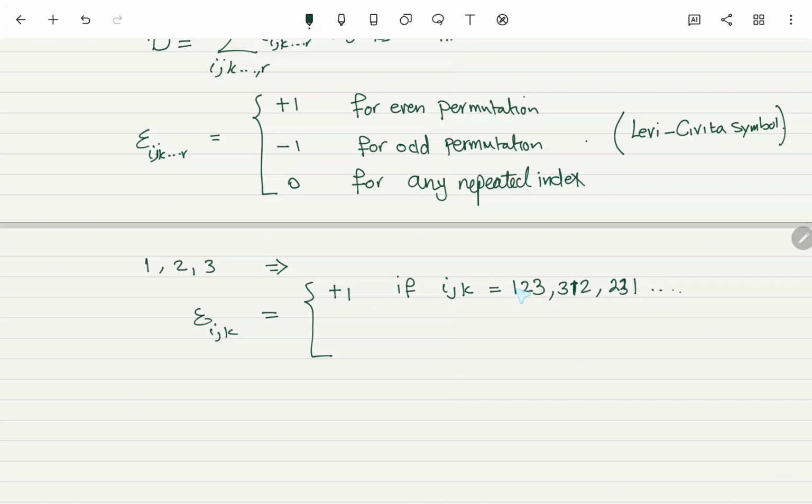So remember, after 1 it's 2, after 2 it's 3, after 3 it's 1. Now -1 if ijk equals 1, 3, 2, and so on. 0 if ijk has a repeated index, so 1, 1, 2, 2, 2, 3, 3, 3, 1, and so on.